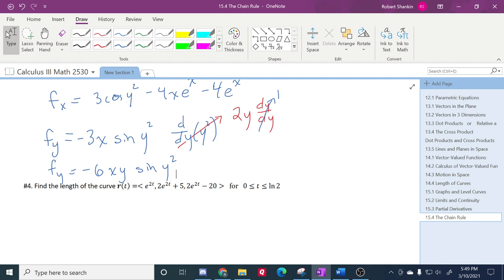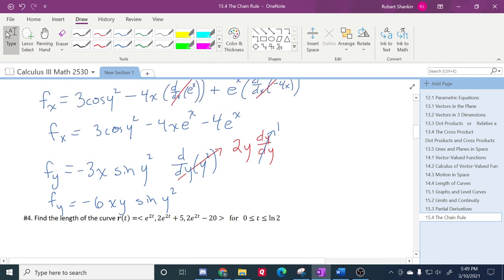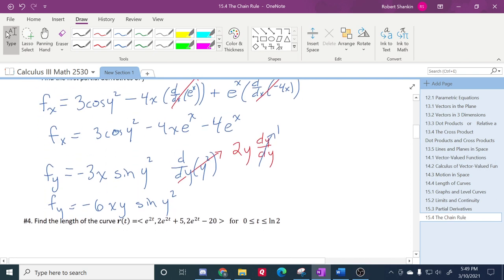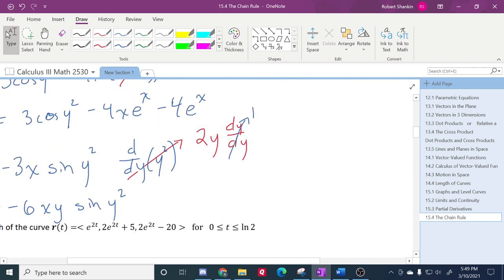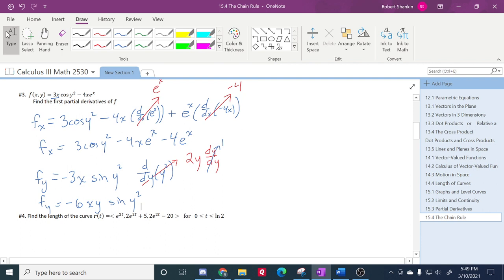I have a question. For the previous one, it's about the Fy. We take variable y, and when we differentiate with respect to y, the first part is minus 6.